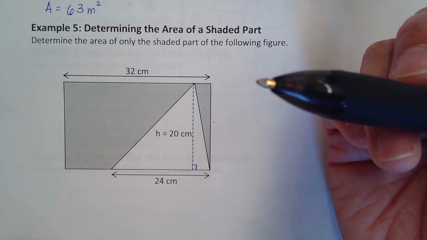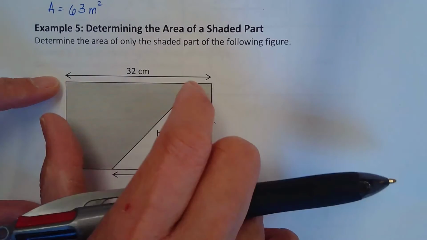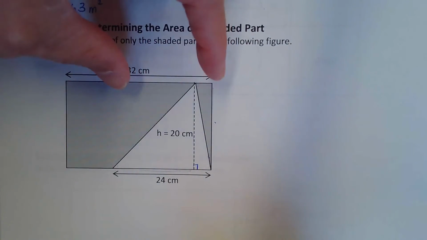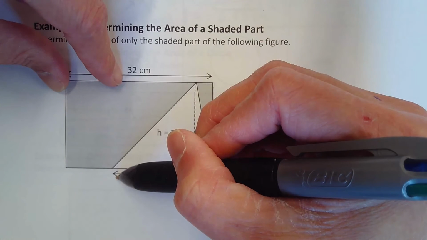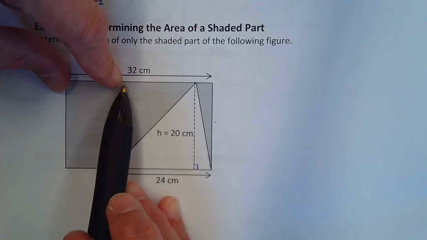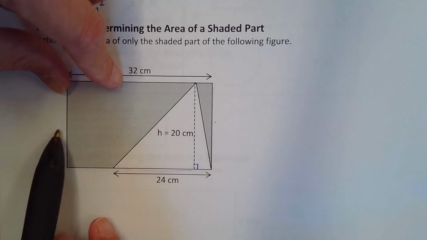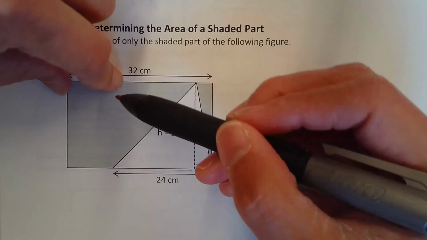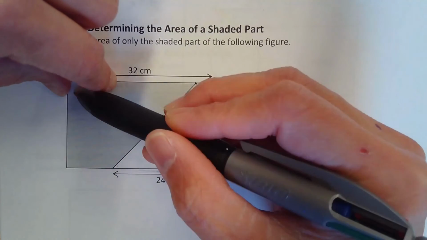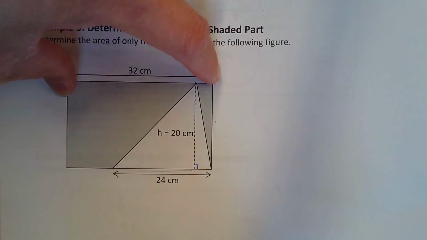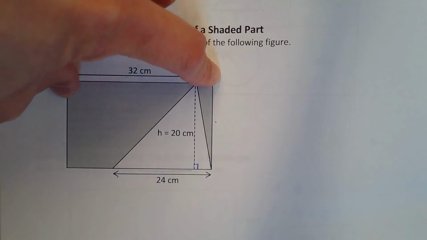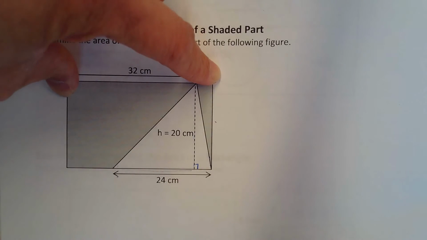Yeah, you could say that's 32, take away 24 to get this piece. And then this is height. Oh yeah, that's a possibility. We can figure that out. That's going to be 32 minus 24.